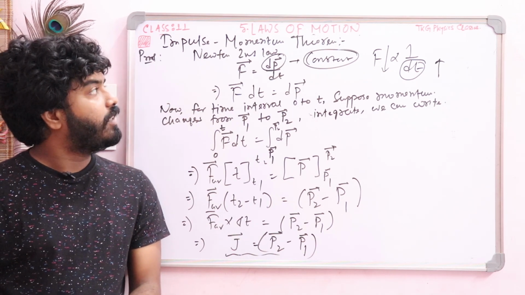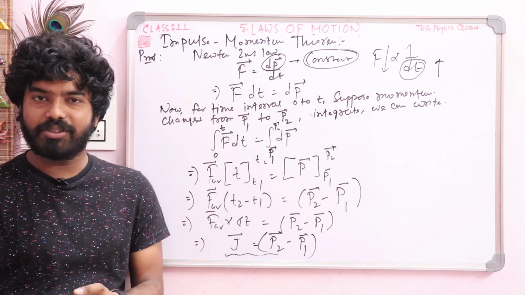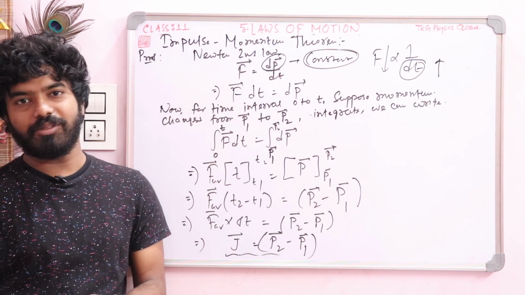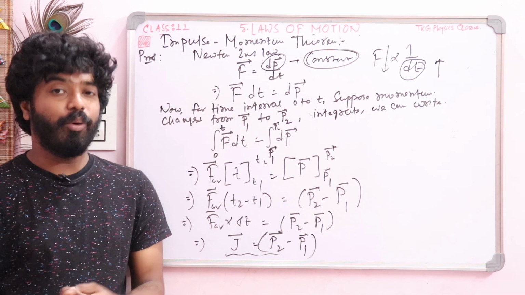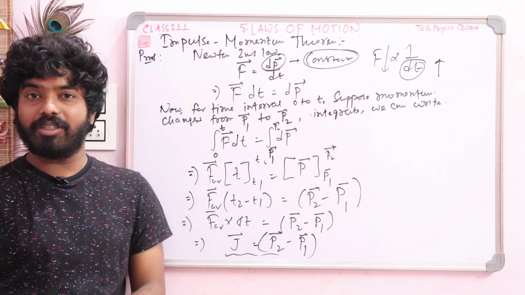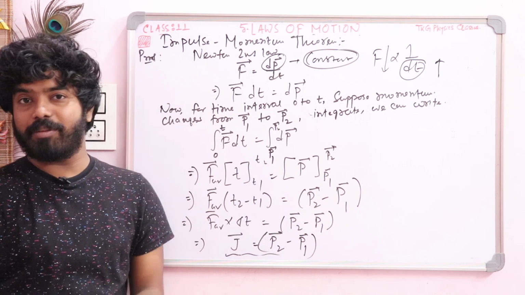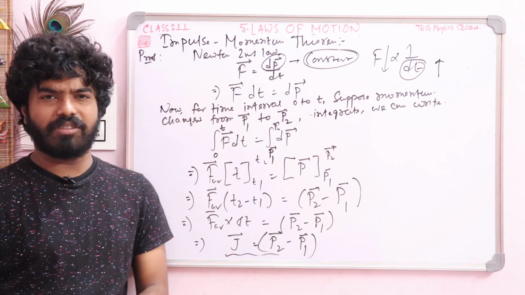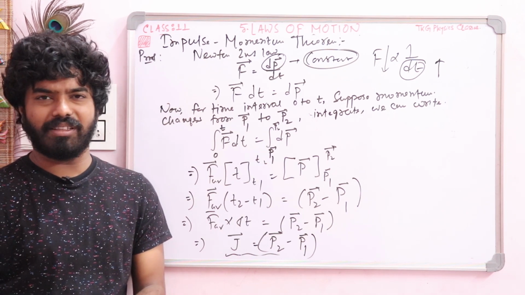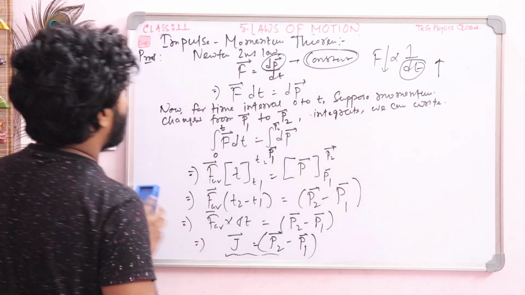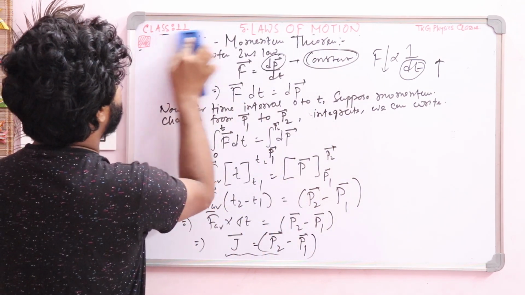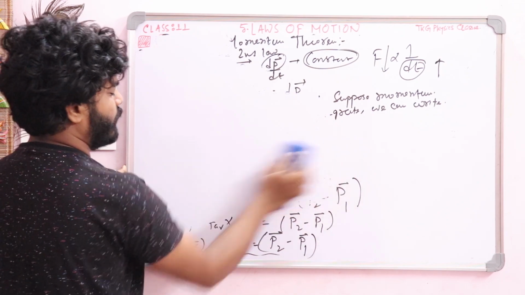Okay, now we'll show the graphical method. We'll show how to find the impulse by graph, when a constant force is applied on a body and when a variable force is applied on a body. Then we'll solve some numericals. Now we'll check how to find the impulse by the graphical method.